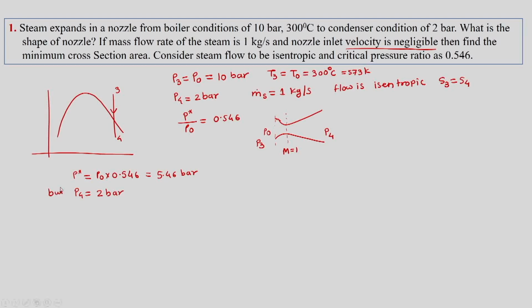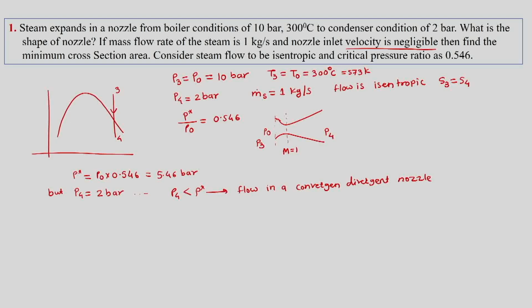So since P4 is less than P star, we have flow in a convergent divergent nozzle. Since the flow has already been choked by the pressure difference and P4 is so low compared to P star, the flow has to be in the convergent divergent nozzle.